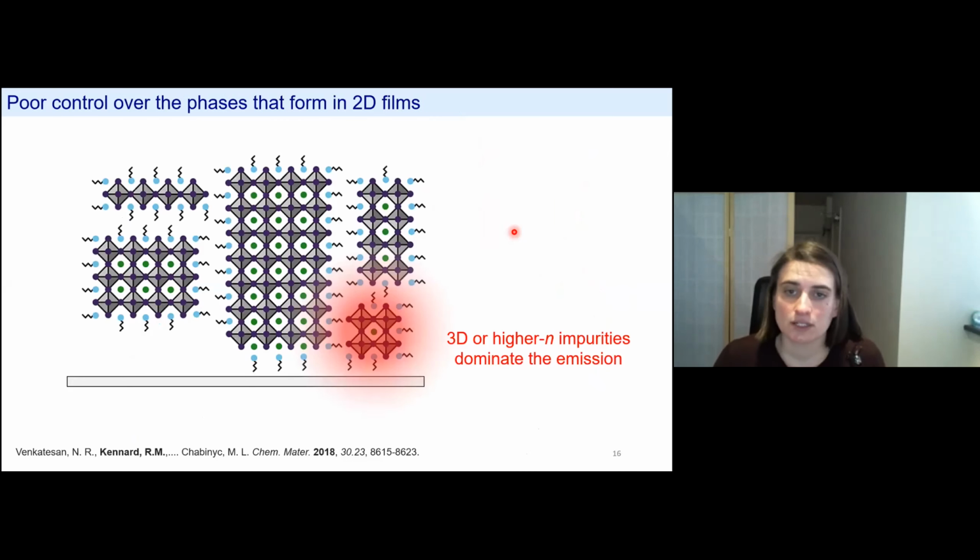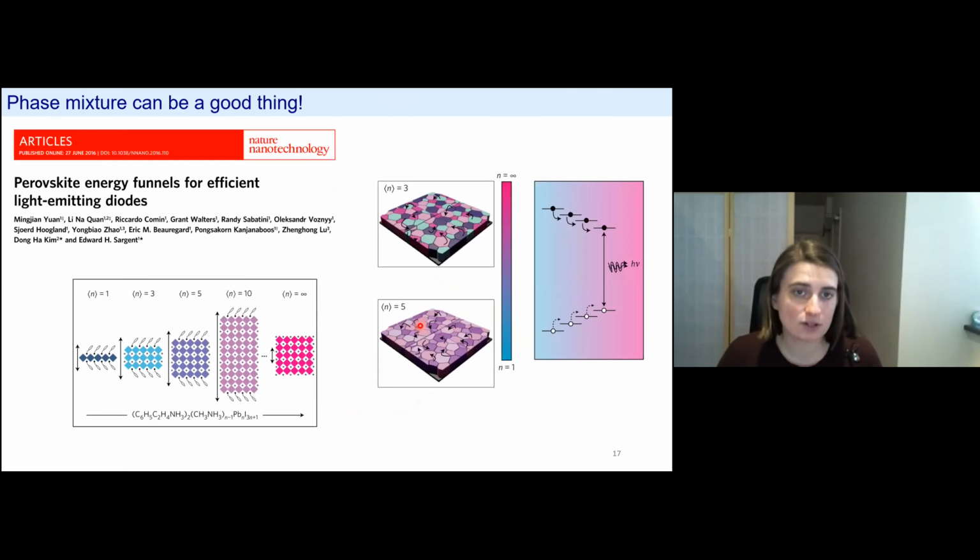The short answer is that there can be impurities, so inclusions of higher n or 3D phases, and the charge carriers funnel from these larger bandgap phases to the smaller bandgap phase, and so you get this bright red luminescence when maybe you were expecting something yellow or green. So this can be a really good thing.